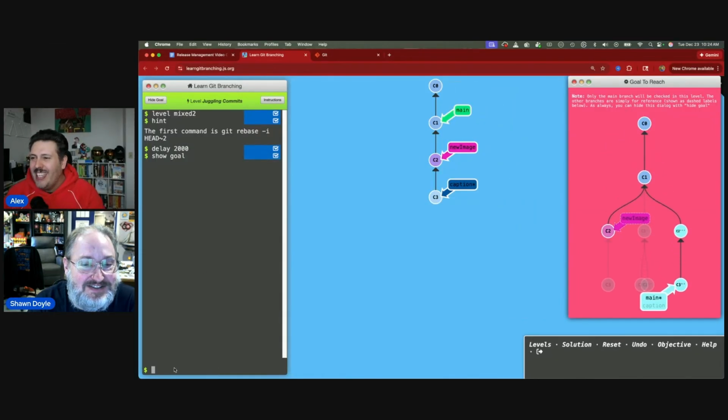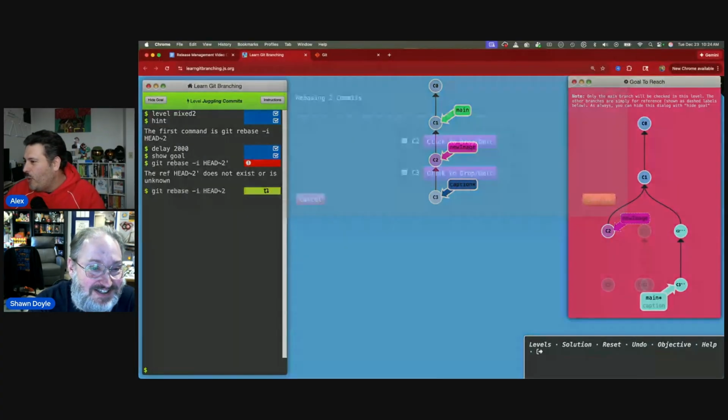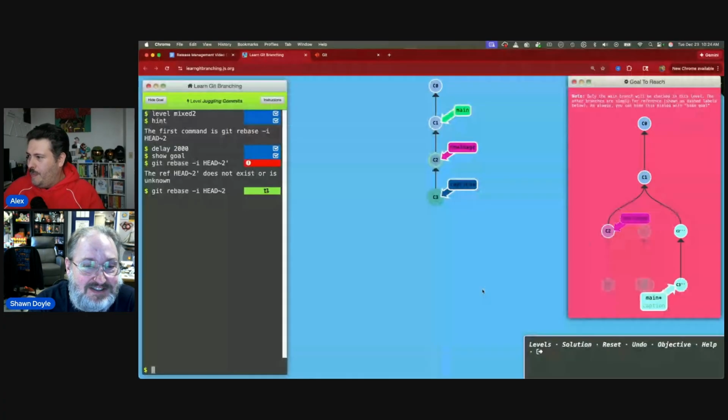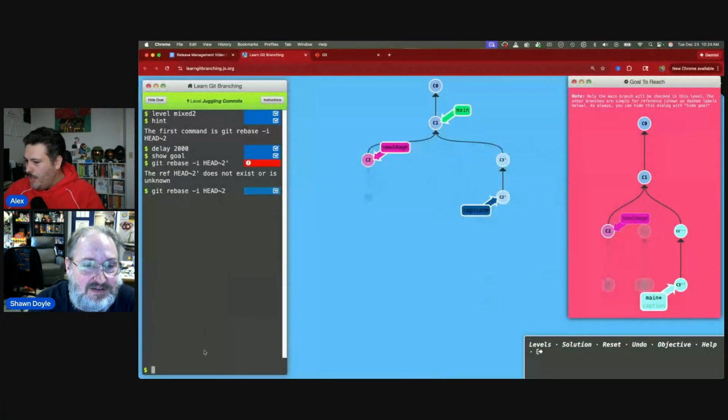All right. So luckily they give us the first command, which is going to be git rebase -i HEAD~2. Yeah. Helps if I know how to type. Then we got to reorder these. Then we're going to do our git commit --amend. Okay.